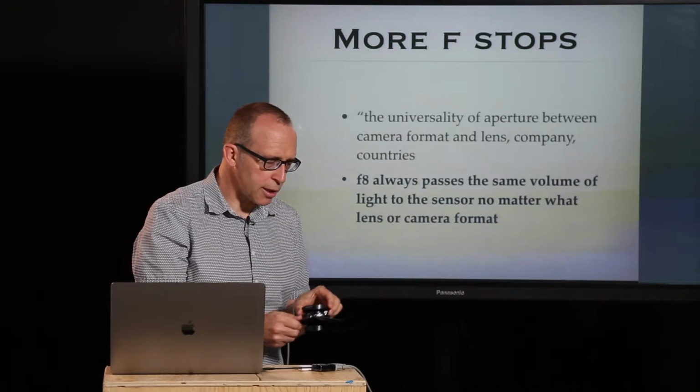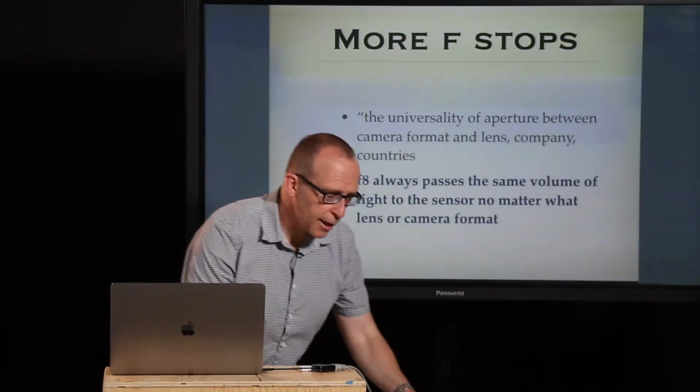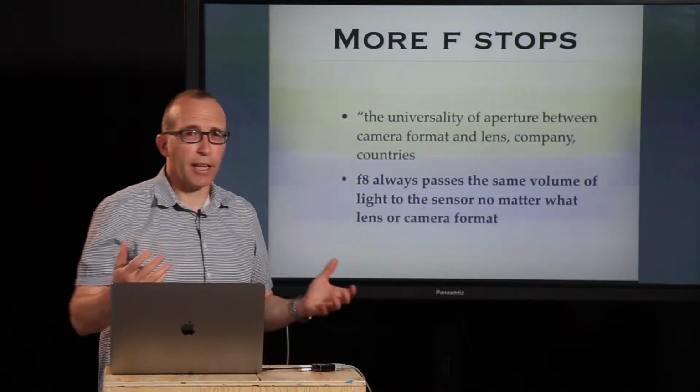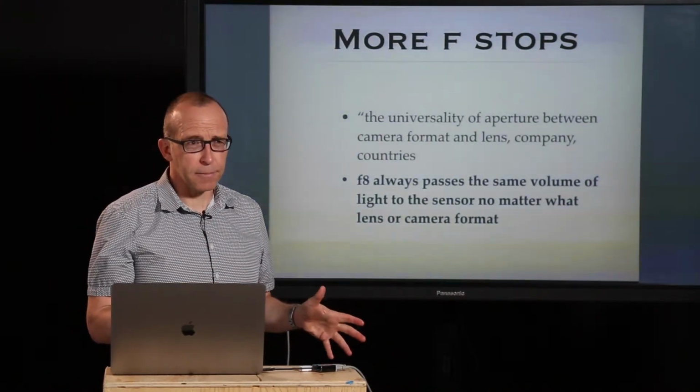So regardless of the actual physical size of the hole, f8 is f8 on any lens, and the amount of light getting through will be the same for all those lenses.